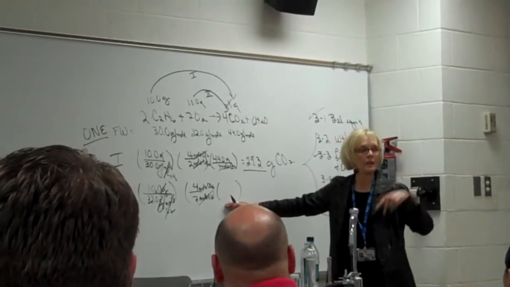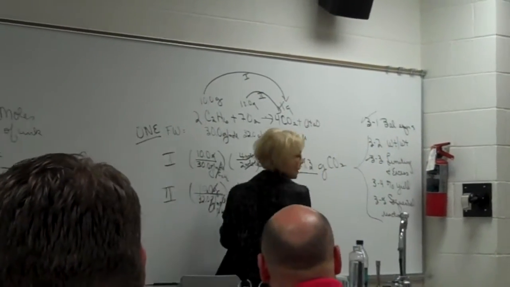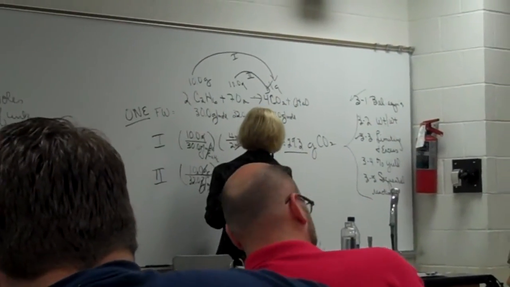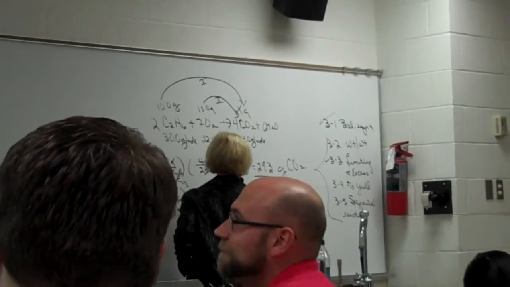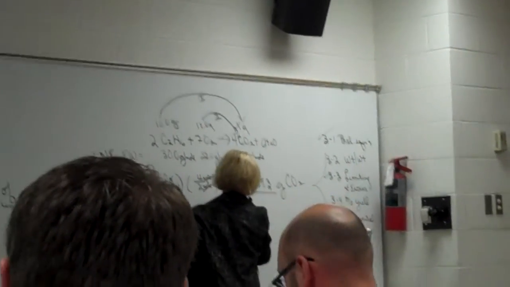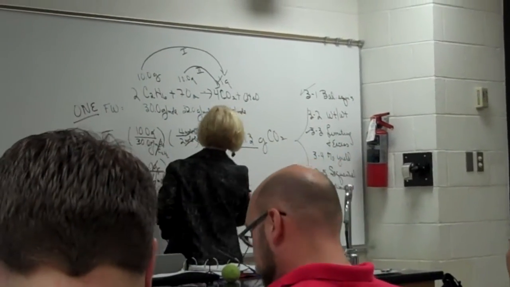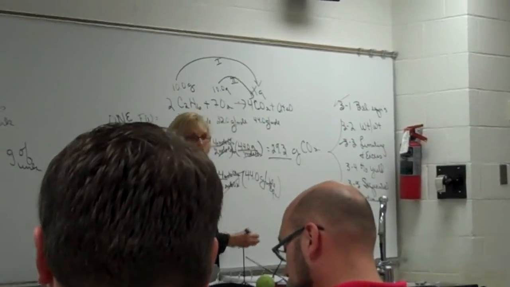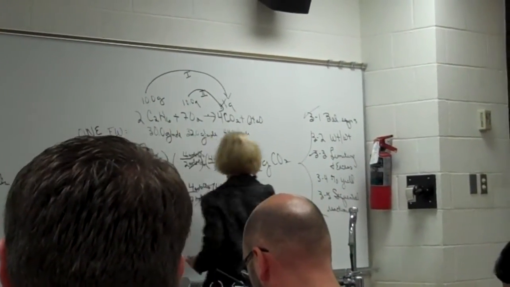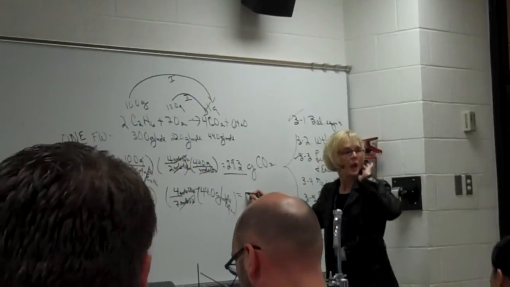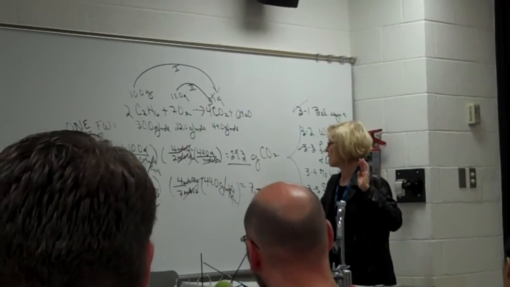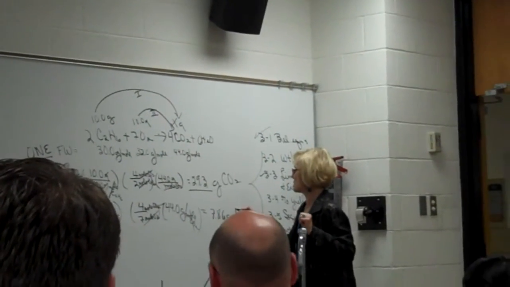Then, Nicole in the back, what goes in this last place? 44 point, tell me units. Grams over moles. Good, and that is moles of CO2. Let's punch that through. Liz, what did you get? 7.86 grams of CO2.